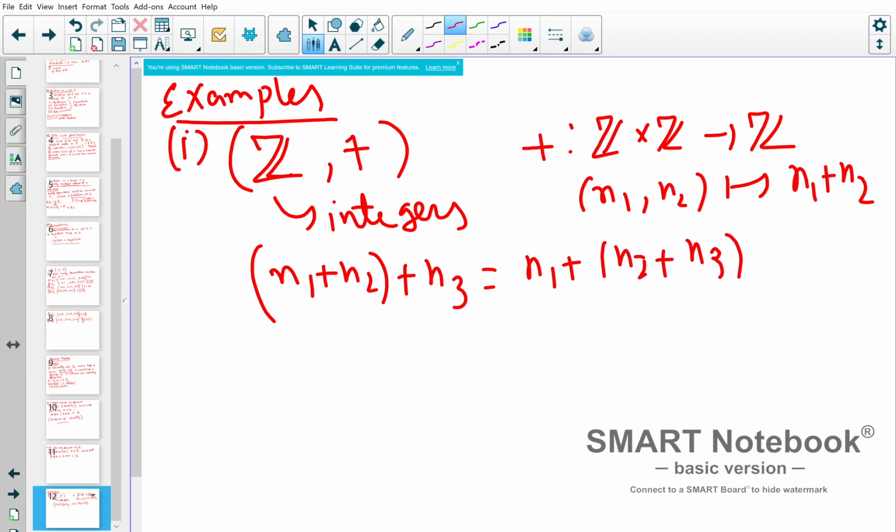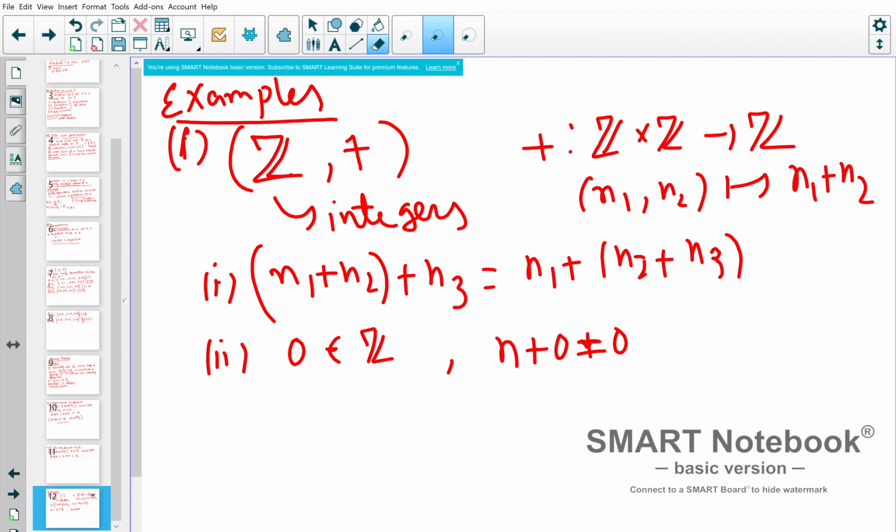Similarly, it has identity, the zero element. Given any integer n, you just add 0 from both sides and you end up with the same element.